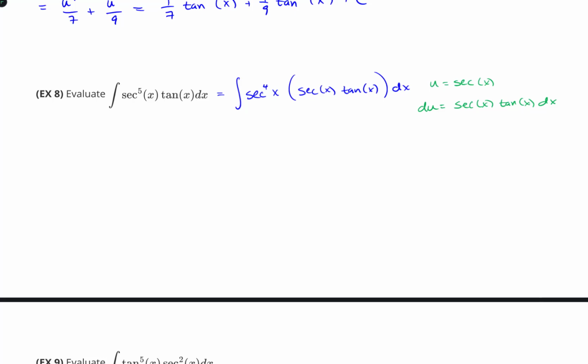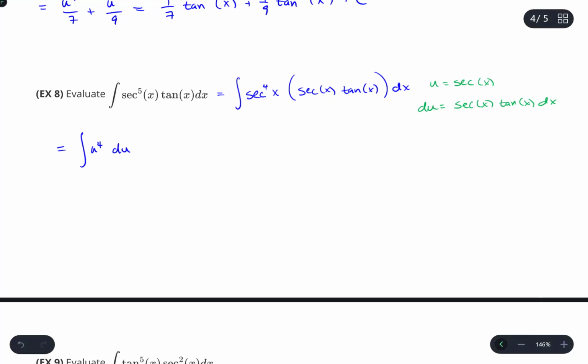And then I need to be able to substitute with secant. And I have secant to the fourth. This is fine. There's actually not much I need to do in this problem. So when I substitute, this is going to look like u to the fourth, and then all secant x tangent x dx will become my du.